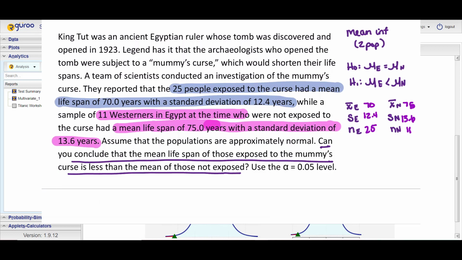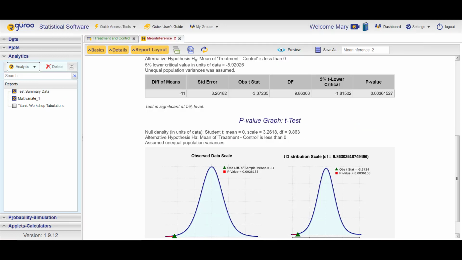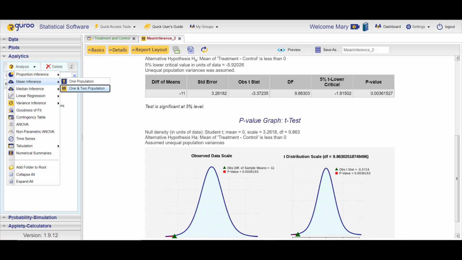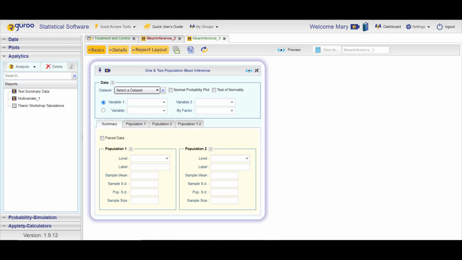All right, so let's move on over to our Rguroo mean inference 1 and 2 population. This time we're putting the data in ourselves again. So labeling exposed and not exposed.